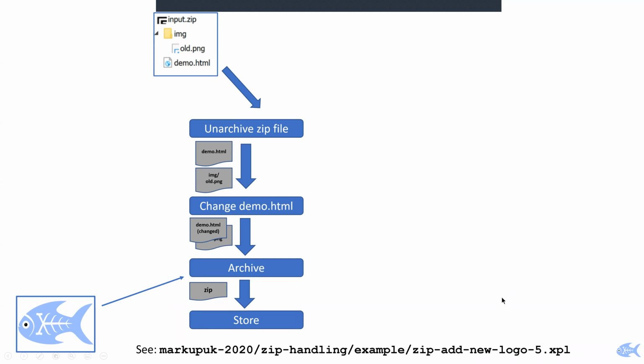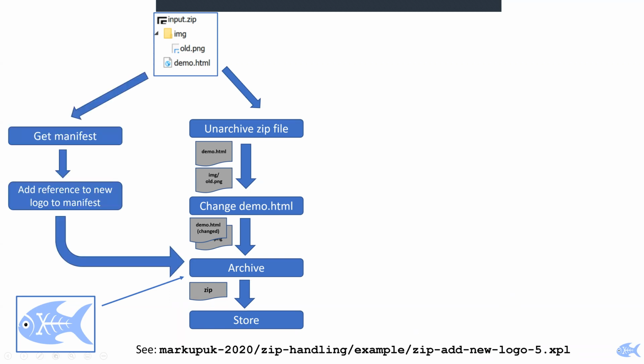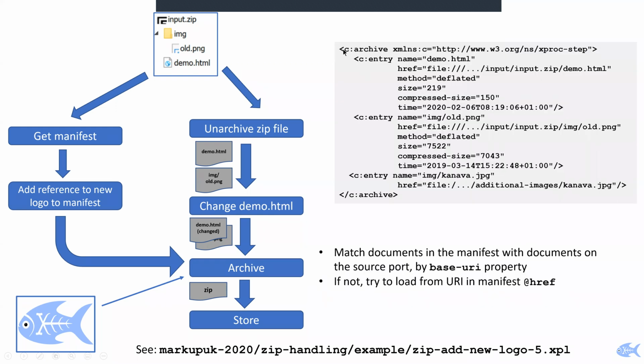Well, for that, it needs an archive manifest. So what we did, we took the manifest from the zip file, we added the reference to the logo, and we feed that into the p:archive step, so the p:archive step knows what to do. And here it is, we have the archive step, the changed manifest.